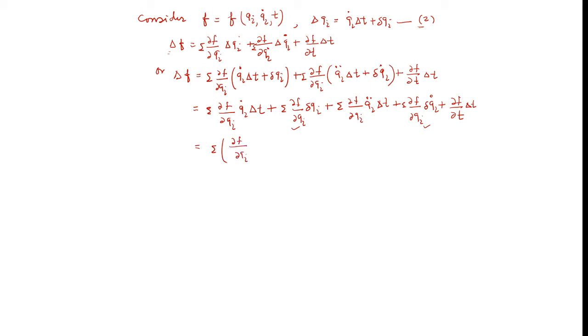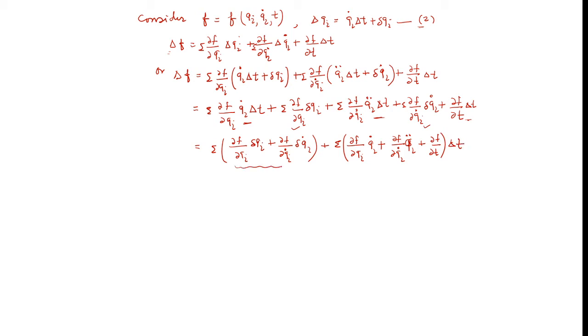Now combine these two or write these two together. Summation of partial f partial qi delta qi plus partial f partial qi dot delta qi dot, plus summation, now write this one and this one: partial f partial qi qi dot plus partial f partial qi dot qi double dot plus partial f partial t, times delta t.